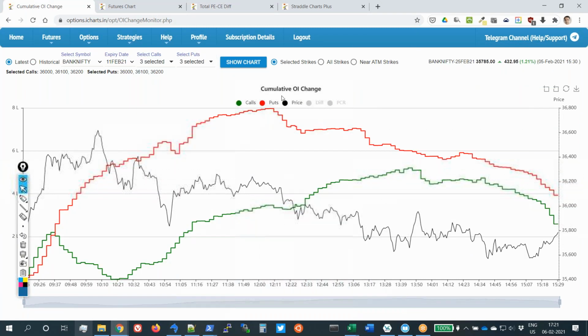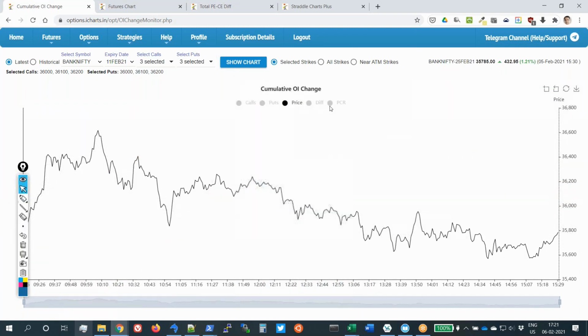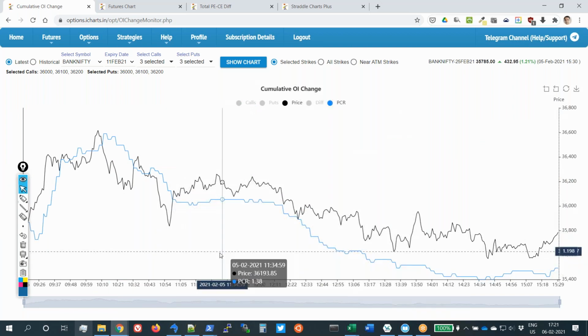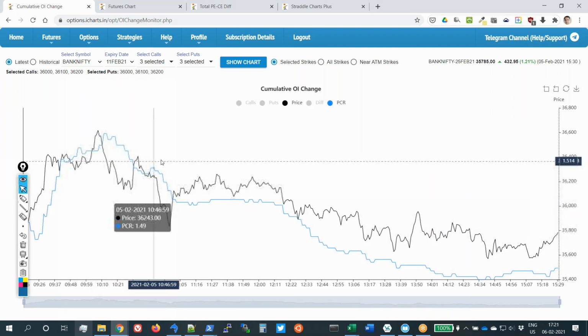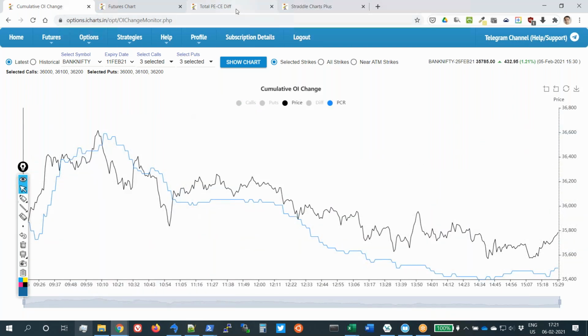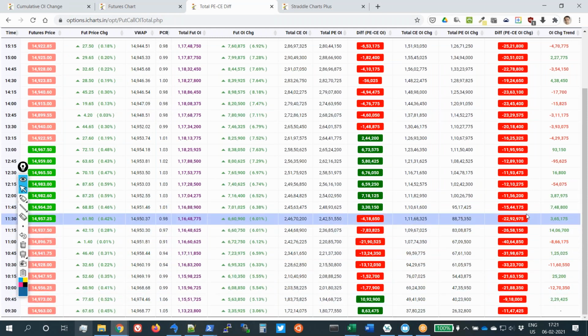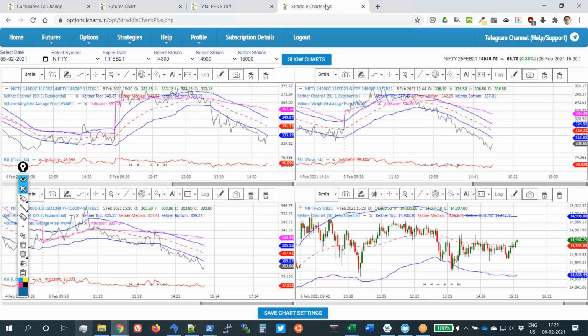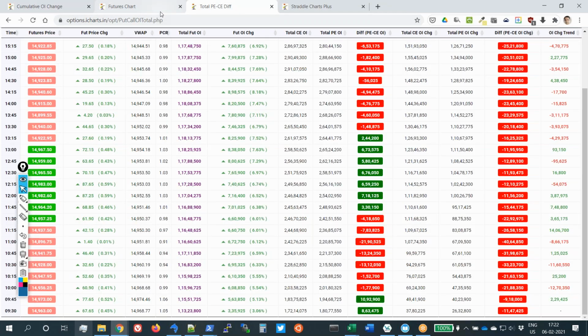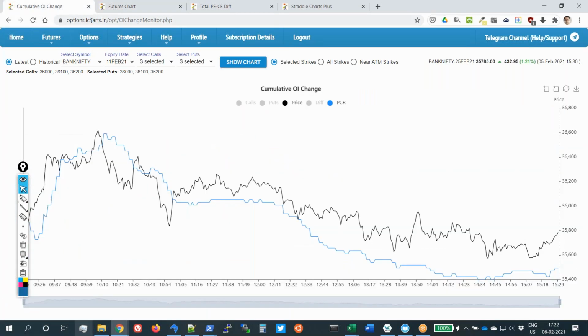Keep an eye on this also. This is very important. In this case, cumulative OI was clearly indicating it that morning. This particular blue line is the PCR trend. Whenever this is going up, that means it is bullish.